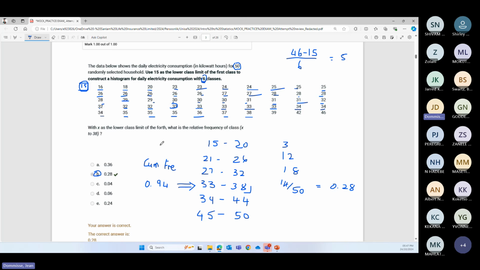Okay, so that is how we would do this, but also remember the cumulative one, because that can be one that they ask next, because this has been in one or two mock exam examples as well.